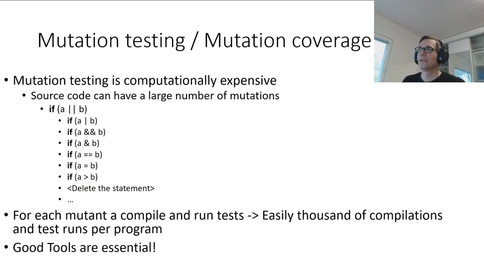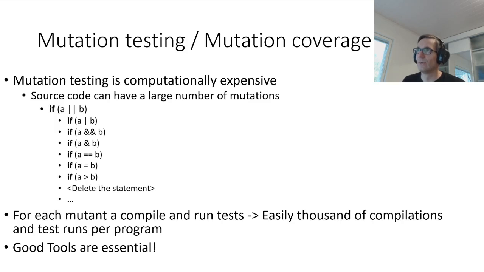And why is this computationally so expensive? You should understand that for each mutant we typically require a compile and run tests to study whether the tests can find this change. So if we go from A or B to A and B, we need to compile and run the test for this mutant.